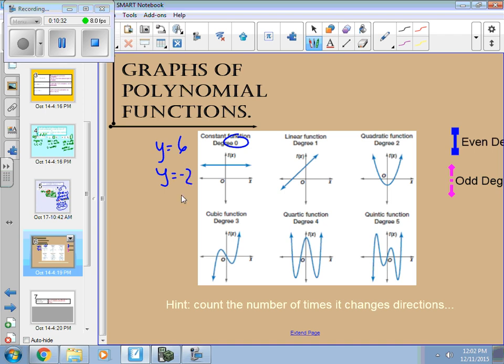If you graph out any degree 0 function, like y equals 6, that's just a horizontal line going through the point 6, and every graph is going to be constant like that. So any degree 0 function is just a horizontal line. We've looked at those before.